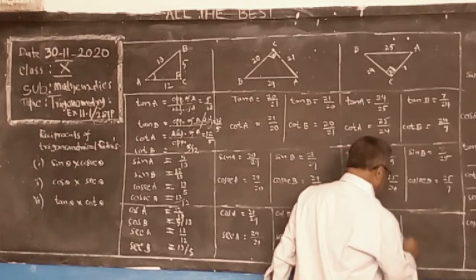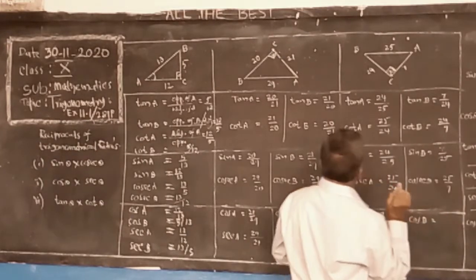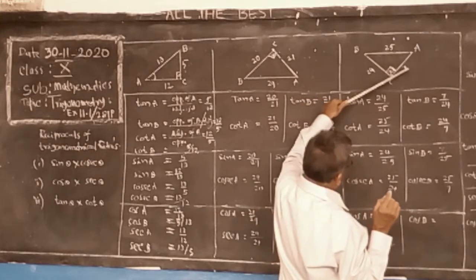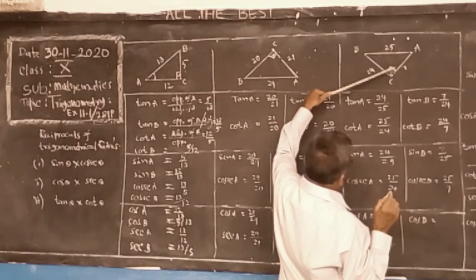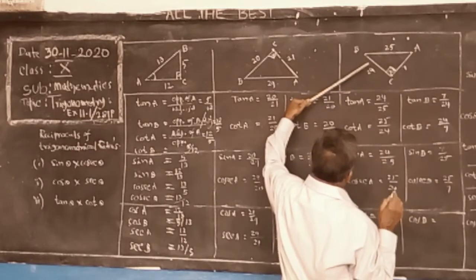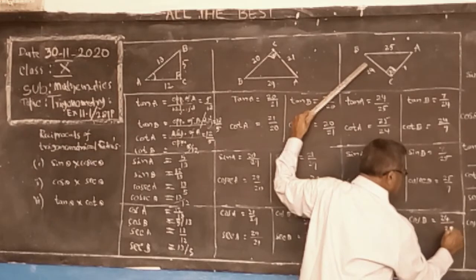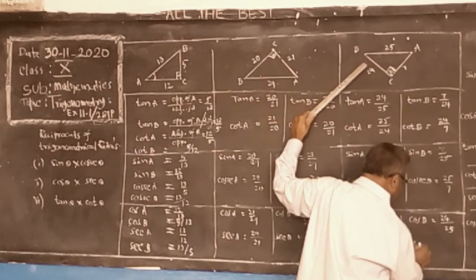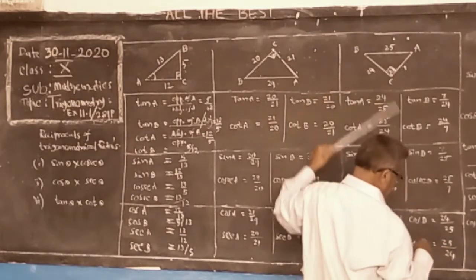And this next cos B is here, 7 becomes opposite side, 25 is hypotenuse because it is the side opposite to 90, and this is adjacent side 24 by 25. And similarly sec B, hypotenuse by adjacent side, 25 by 24.